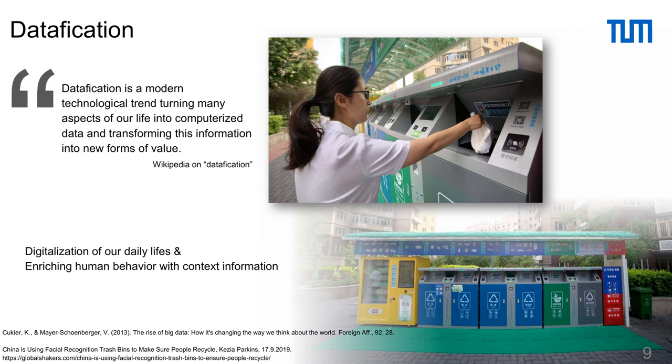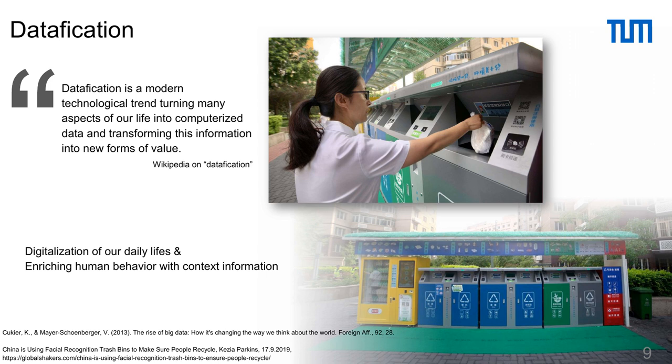The example that we selected here is a Chinese waste disposal station in Beijing. It uses QR codes on the litter bags to create data on every disposal. And of course, there is face recognition to be able to track people and associate it to their social capital profiles.